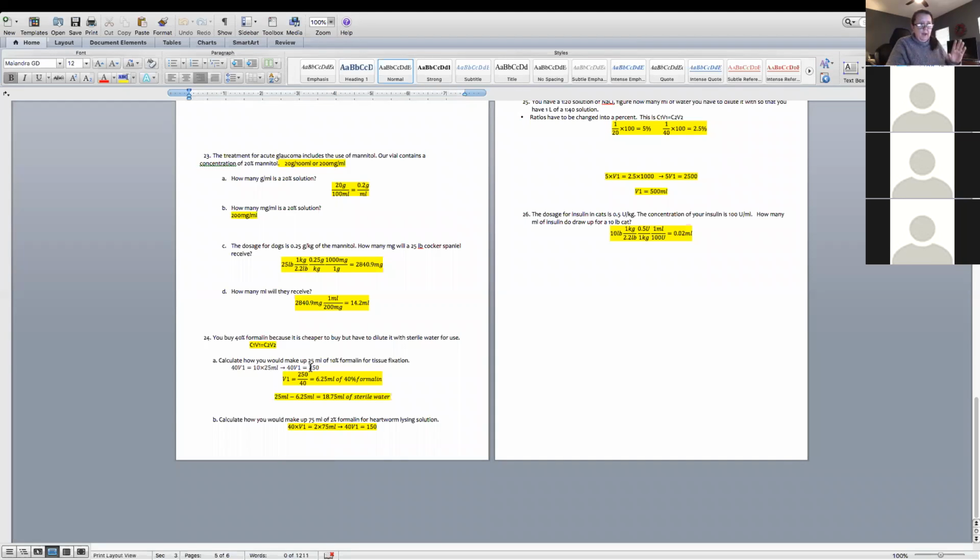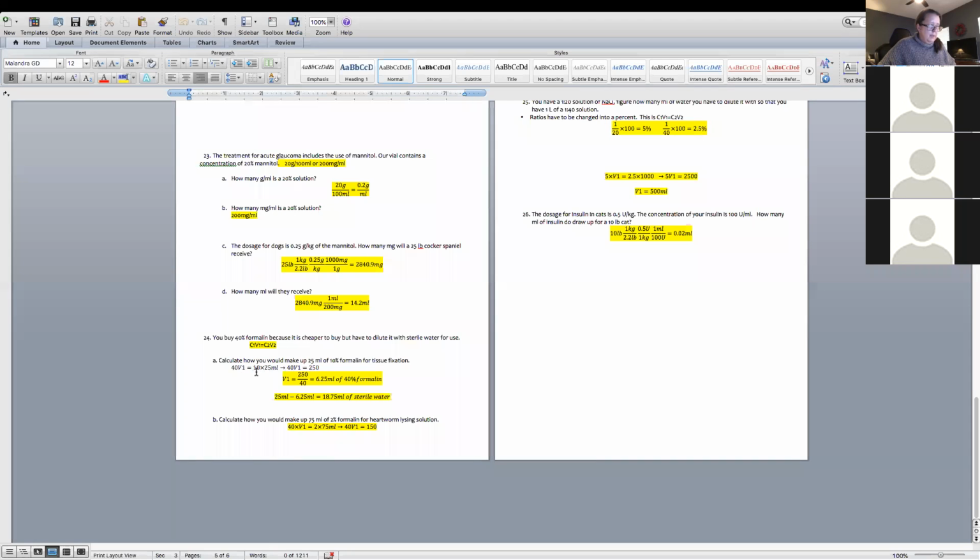Okay, so I've got on one side, what do I have? A 40% solution. My volume 1, the concentration of that is 40. I want the second solution to be 25 mils, 10% over 25 mils.